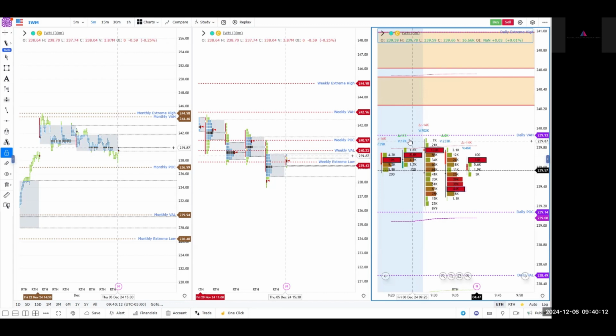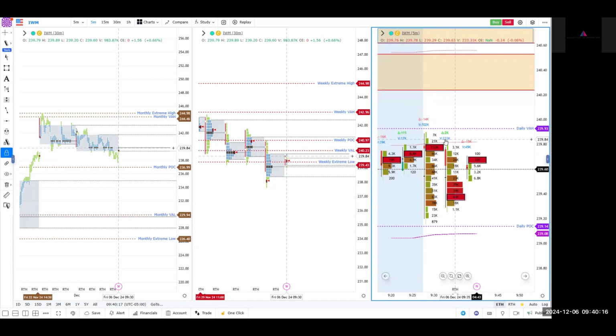This is almost a good sign. Buyer volume here, an uptick in buyers. And so far not going anywhere. That's a really good sign.